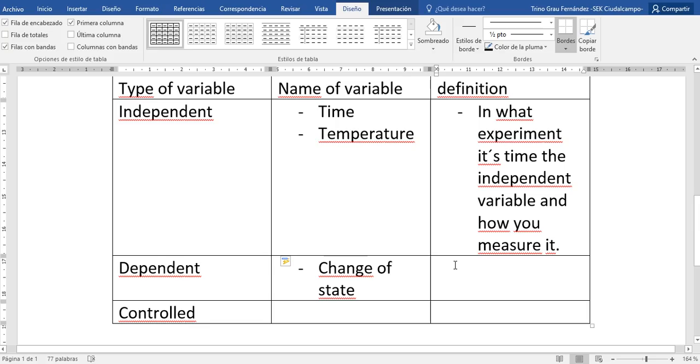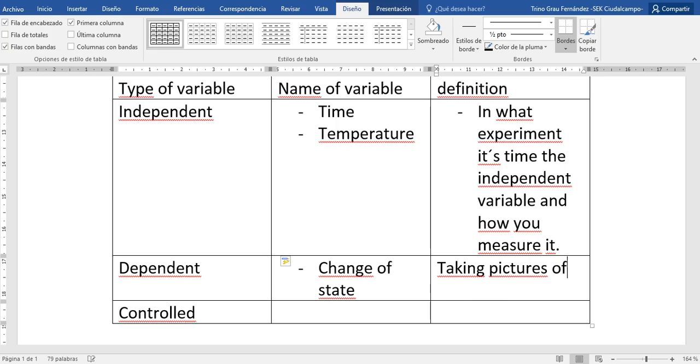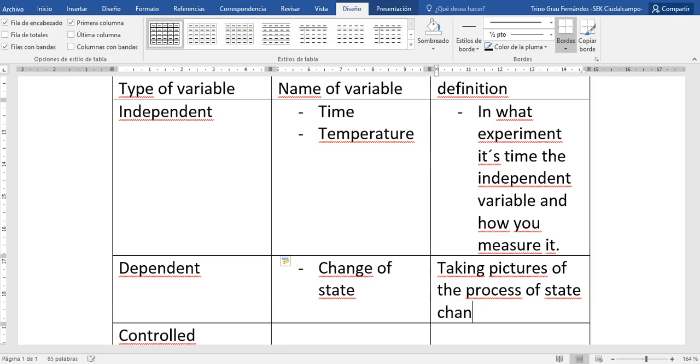The change of state, we measure it taking pictures of the process of state changing.